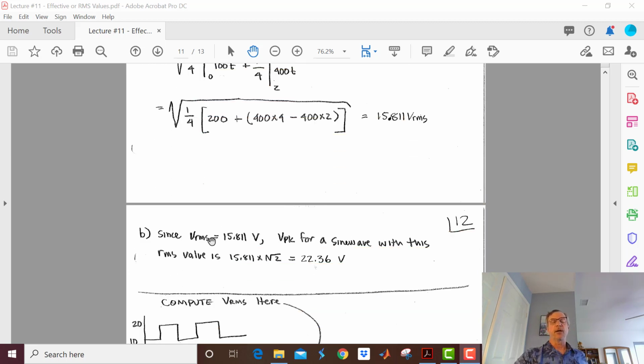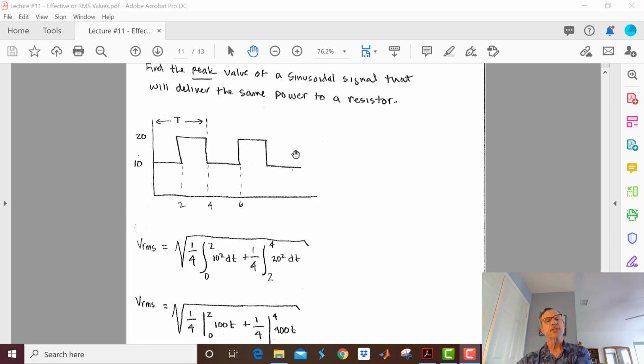So VRMS is 15.811 volts. V peak for a sine wave with this RMS value would be the RMS value times root 2, which gives me 22.36 volts peak. So I can put a 22.36 volt peak sine wave into that resistor, and it's going to get just as hot. It's going to dissipate the exact same power.